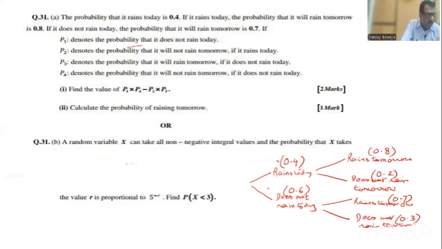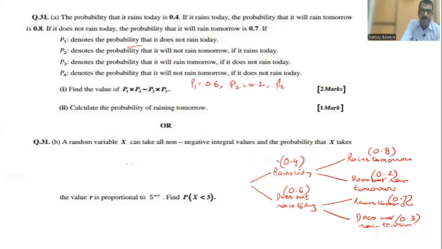Correct? So you will put all these values here, P1, P4. You can see what all they signify. Here, value of P1 is 0.6. Value of P2 is 0.2.